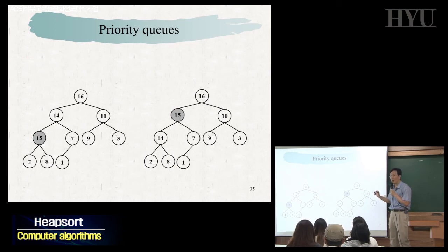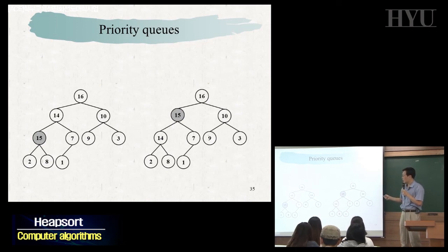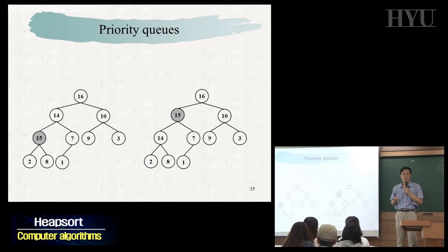And then the violation only happens between 15 and its parent. So we repeatedly traverse up the tree until a bigger element appears, like this.